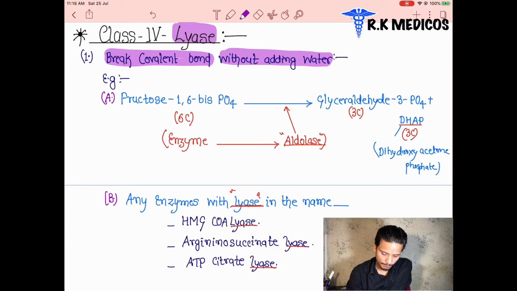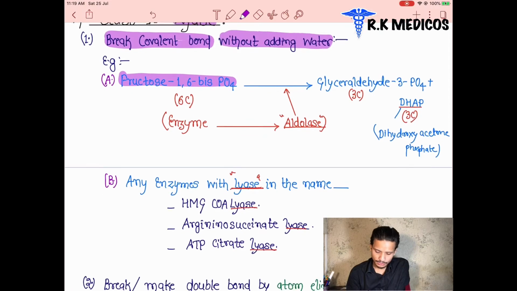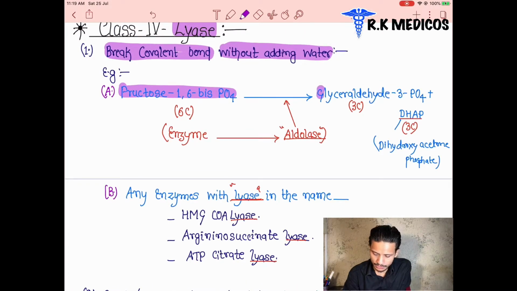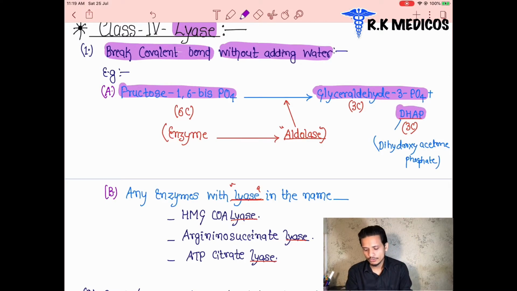Let's see some examples. Fructose 1,6-bisphosphate is converted into glyceraldehyde 3-phosphate and DHAP. DHAP is basically dihydroxyacetone phosphate, and two components are formed. We can see here, one is here and one is here. What are they?